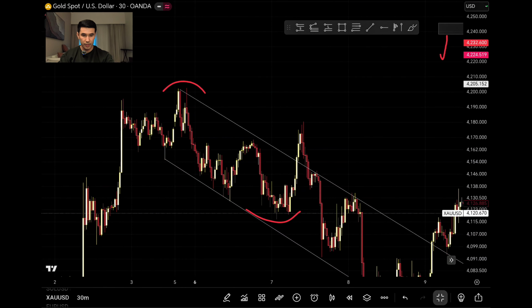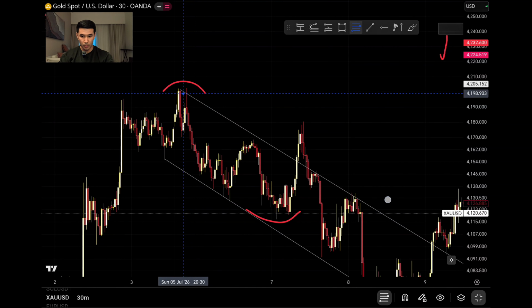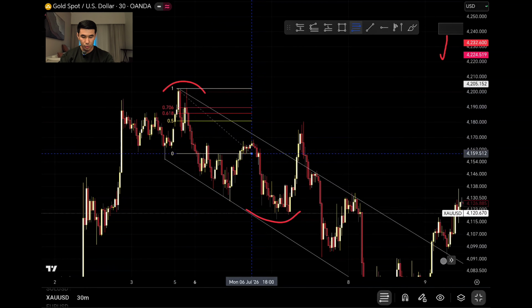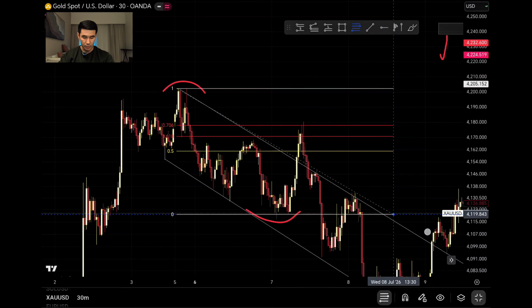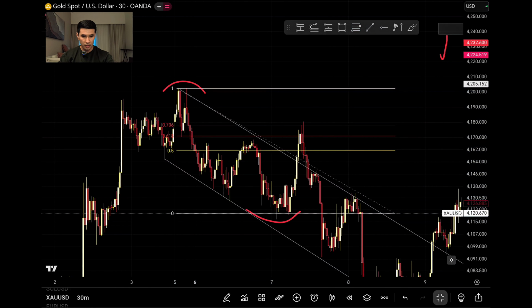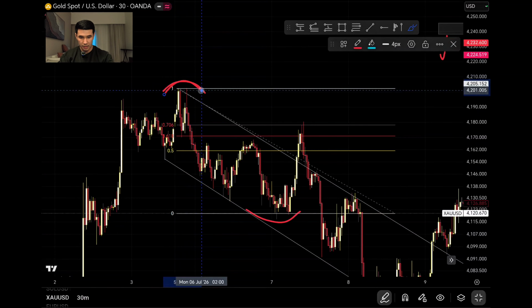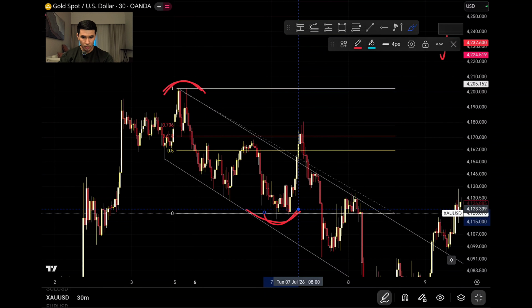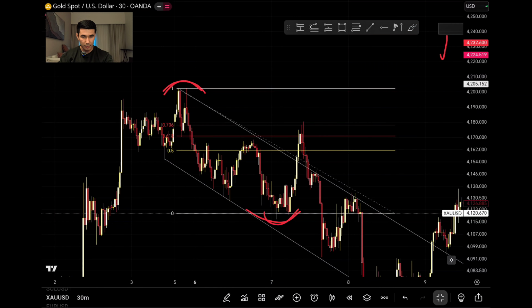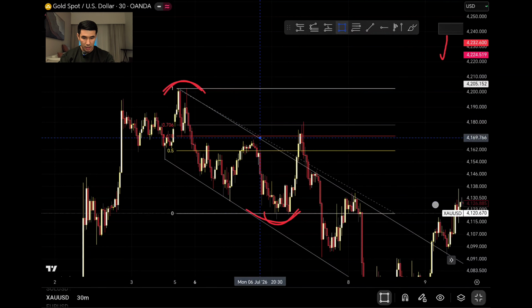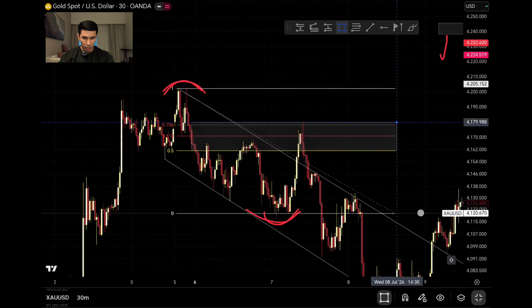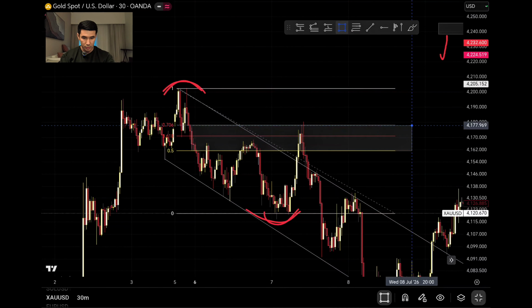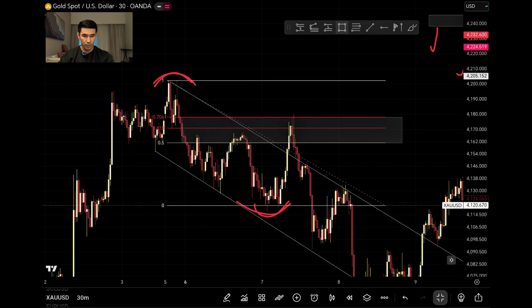Now we're going to put the Fibonacci from the top of the higher high to the lowest point of the higher low. You see, I put it here and here. As you see here, as I mentioned just now, it comes exactly to this 3 golden zone. You see, it's returning from the golden zone.